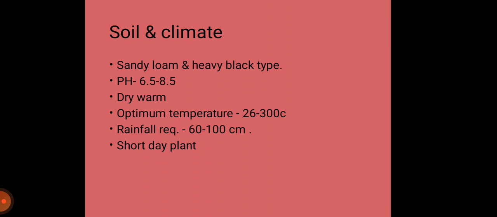A dry and warm climate is favorable. The optimum temperature is 26 to 30 degrees Celsius for better growth. Annual average rainfall of 60 to 100 centimeters is required. Sorghum is a short day plant.